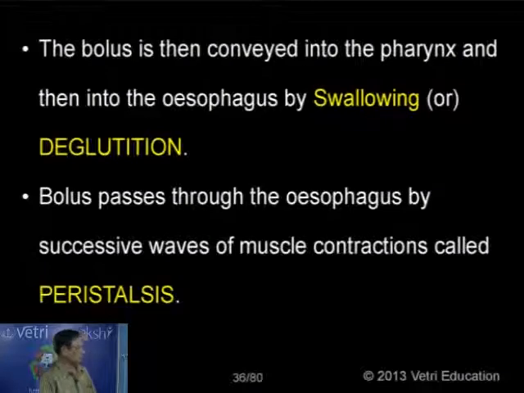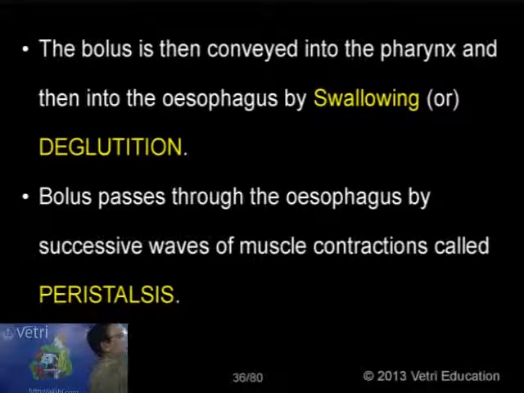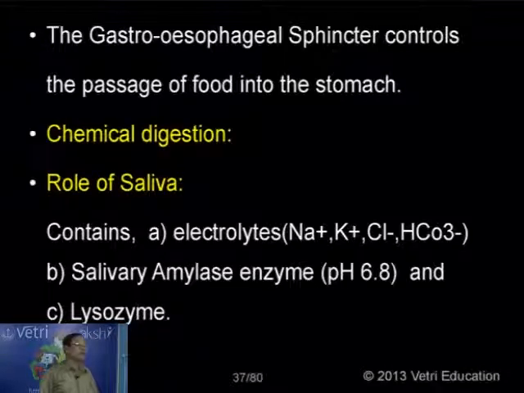This is because of the peristaltic waves that occur in the wall of the esophagus. Such successive waves of muscle contractions that push the food down towards the stomach are together called peristalsis. So we have the swallowing, the deglutition process, and then peristalsis.